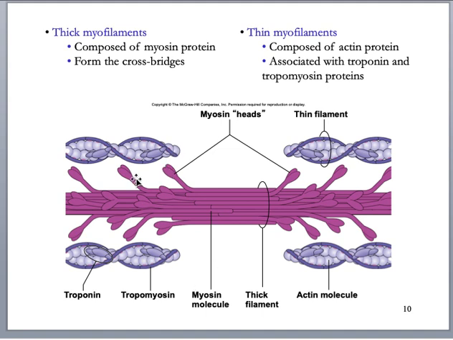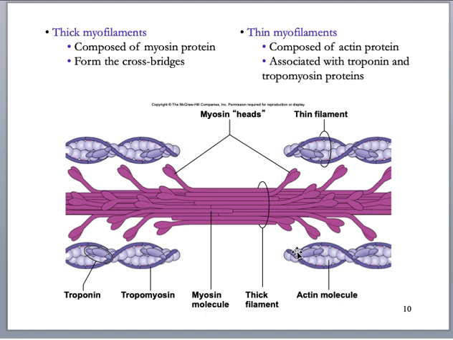You might be able to see a tiny, slightly pinkish area on each one of those actin subunits, but it's being covered by tropomyosin. That pinkish area corresponds to these pink myosin heads. That's where myosin will bind to actin, but tropomyosin is in the way.